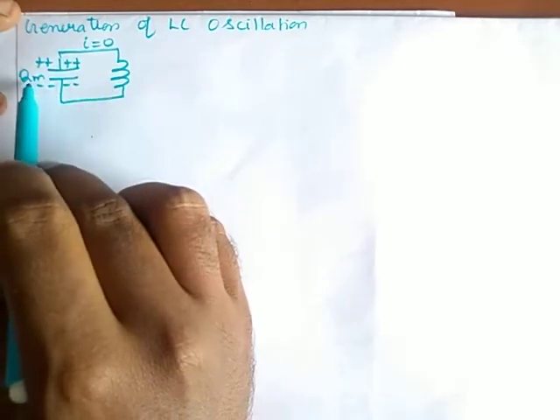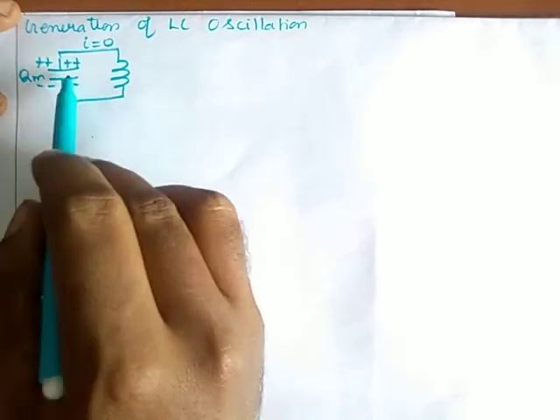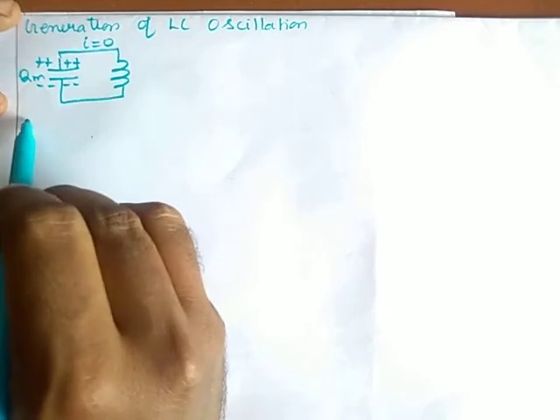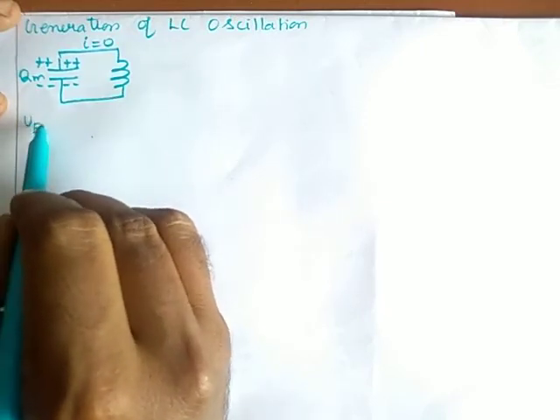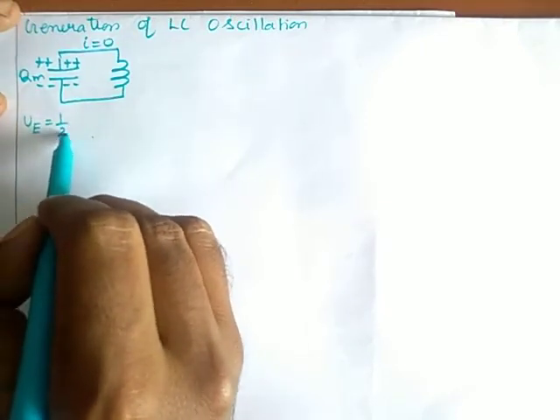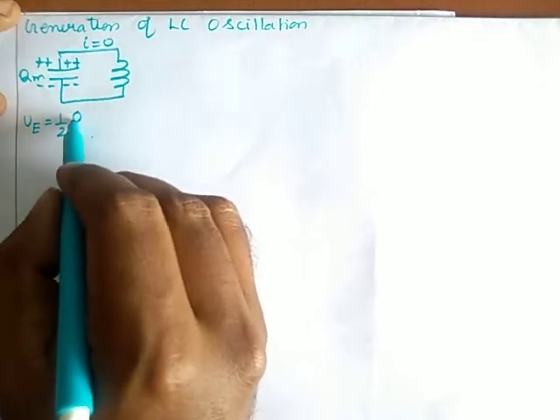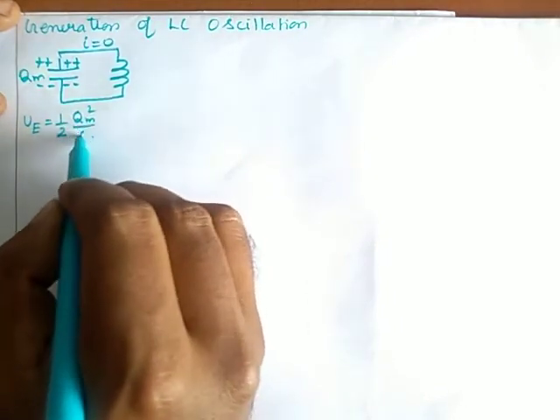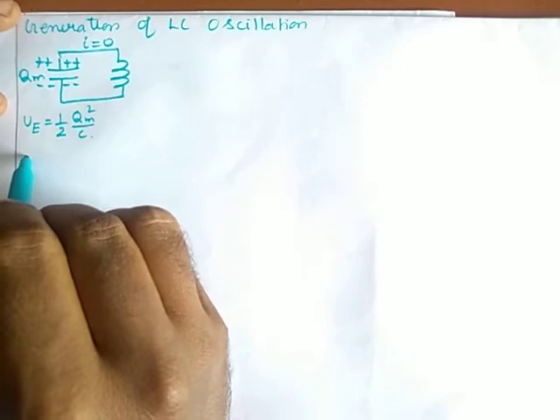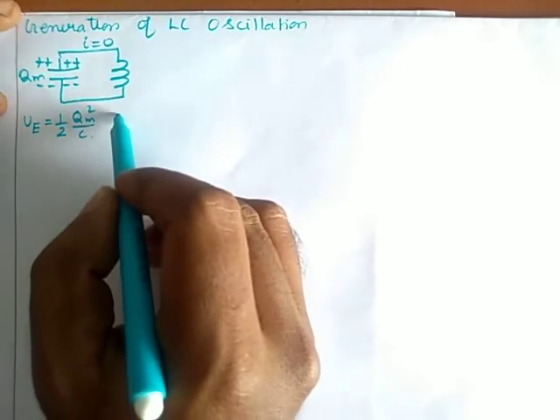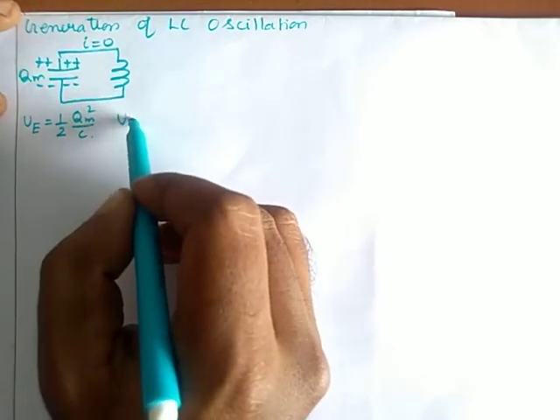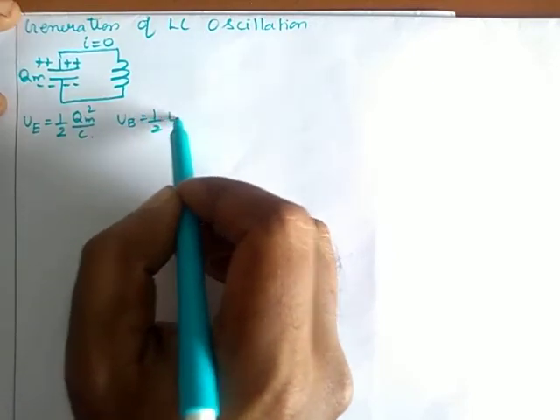But the capacitor, having the maximum charge, stores energy, that is UE is equal to half Qm square by C. That is the maximum energy stored by the capacitor. Then in the inductor, the formula is UB is equal to half L I square.